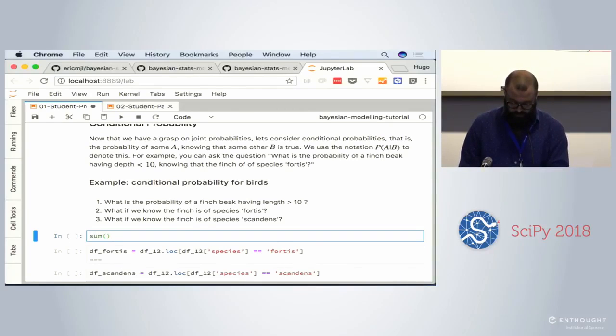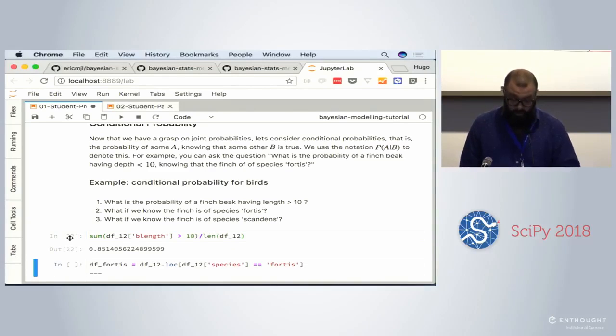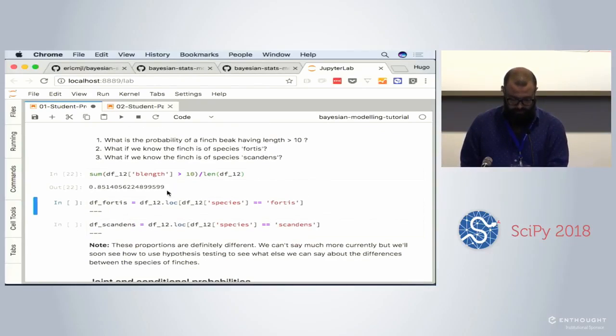So once again, we're going to look at DF12 and look at the column beak length. Is that what it's called? Yep. Length. And see how many of those are greater than 10 and divide that by the total, so I think that's what I want to do. Yeah, so as we saw before, 85% have a length greater than 10, okay?